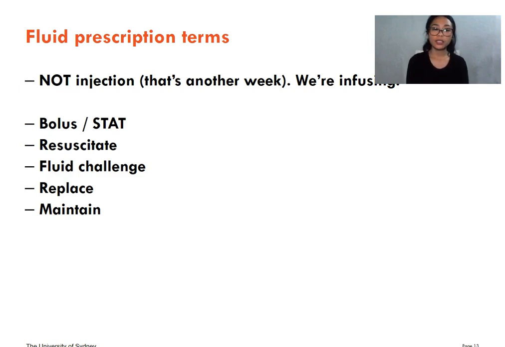You might also see or hear them saying, give them a bolus or give it stat. Stat means, of course, right away, and bolus is that bag of fluid that's allowed to run through its natural state.